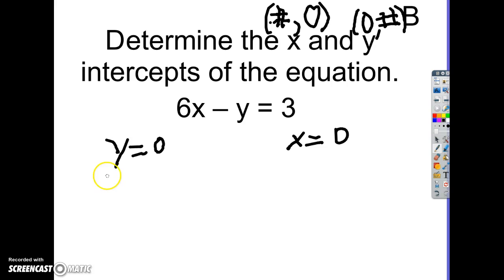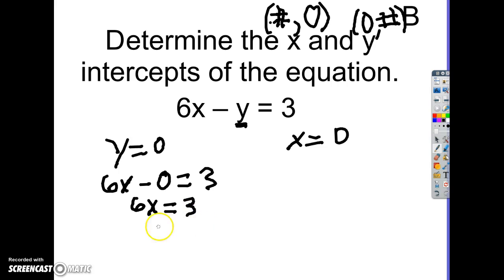So we have 6x minus 0, where we had our y, equals 3. And that means that we just have 6x equals 3. To solve for the x, you have to divide both sides by 6.